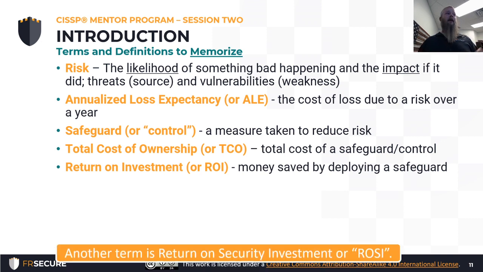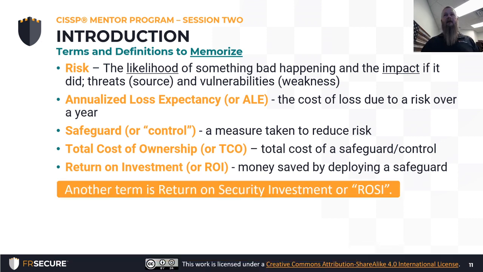Usually we call that return on security investment, because we're not actually creating more value in the organization most often. We're saving the organization loss. So it's a return on security investment as opposed to your traditional return on investment.